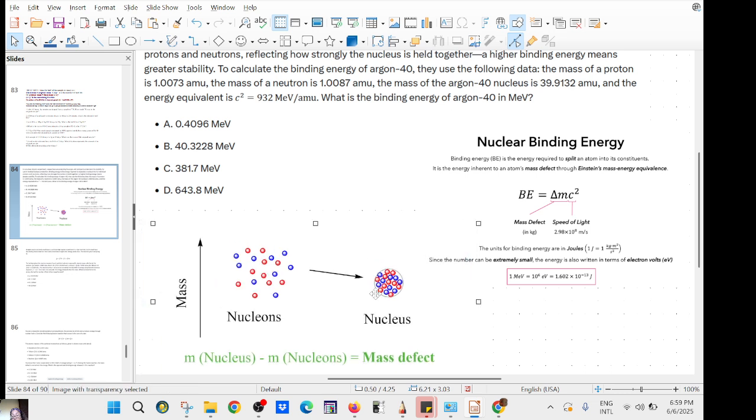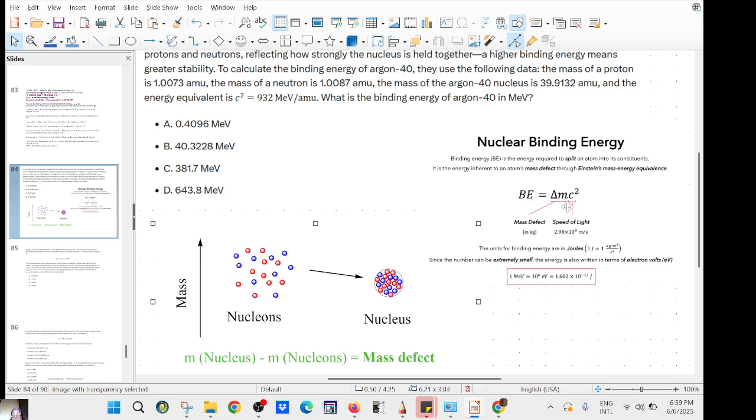So the mass of the nucleus will be less than the mass of the total nucleons. If you take the mass of all the nucleons together, you have more mass than what you get here, the nucleus. So that mass defect is the nuclear binding energy that you can find with this equation.